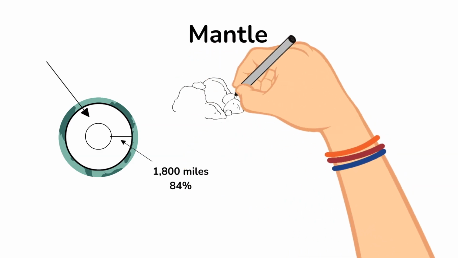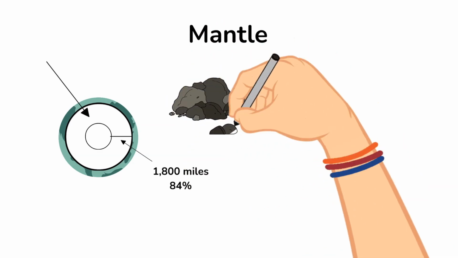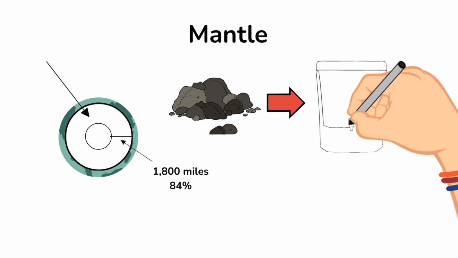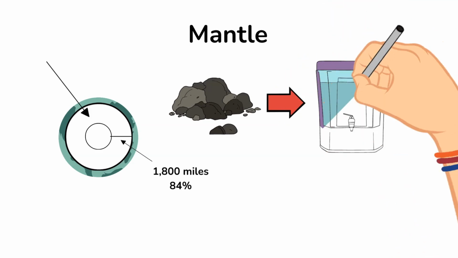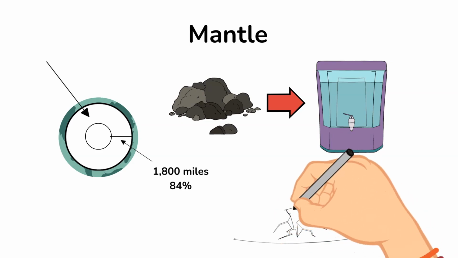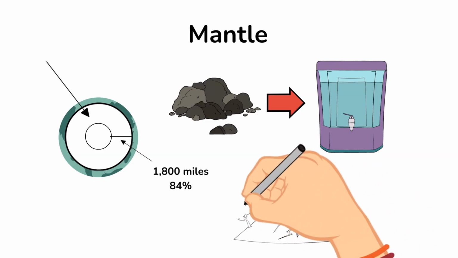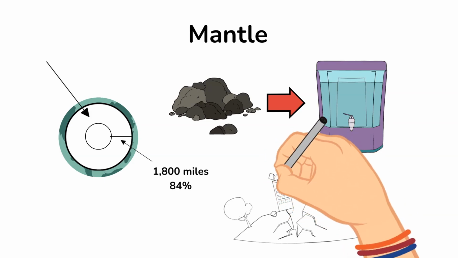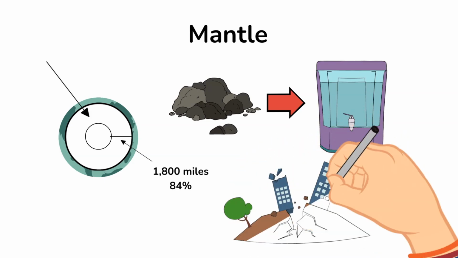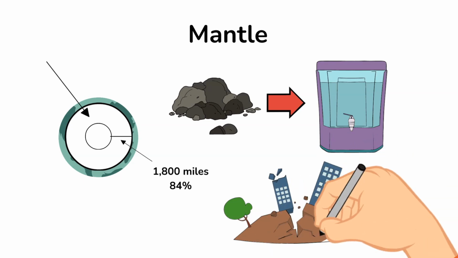And so even though it is solid rock, it actually acts more like a thick, slow-moving liquid. The mantle acts as a sort of platform for the tectonic plates on our Earth's crust, and we'll talk about the crust in a minute. So the mantle is typically responsible for the seismic activity we experience as earthquakes.